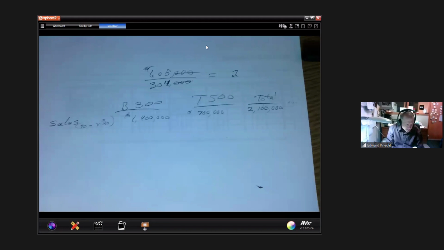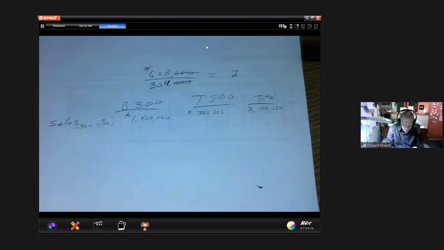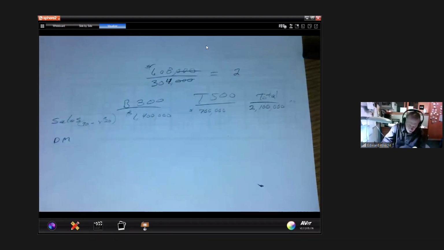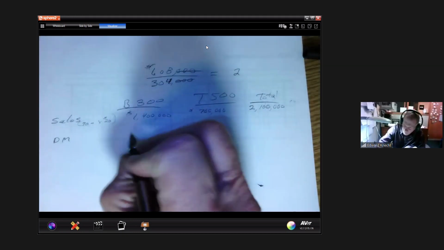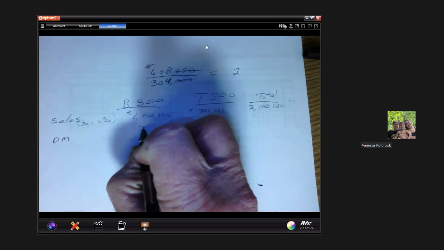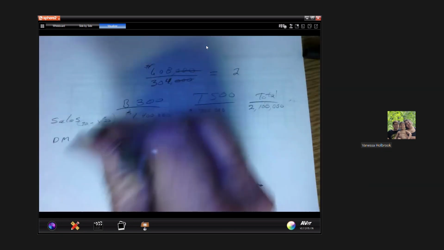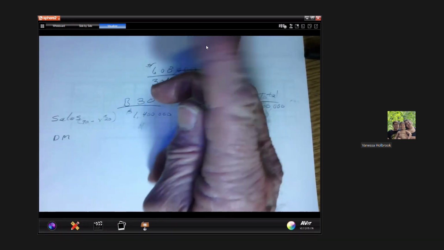All right. And then we're going to look at our cost. Do we know what direct material costs are for each product? Yeah, we have direct materials for each. B300 is 436,300.